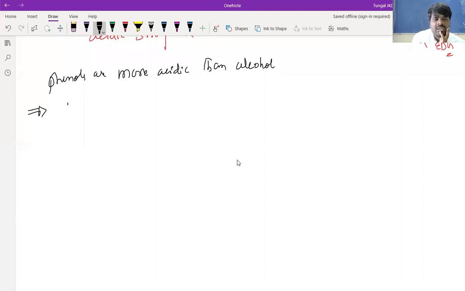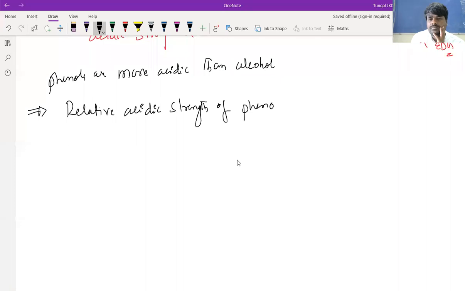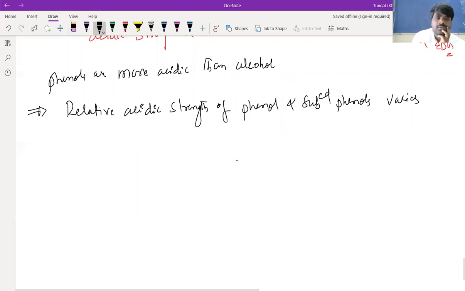And if we are talking about the relative acidic strength of phenol and substituted phenols, it depends on the following factors.